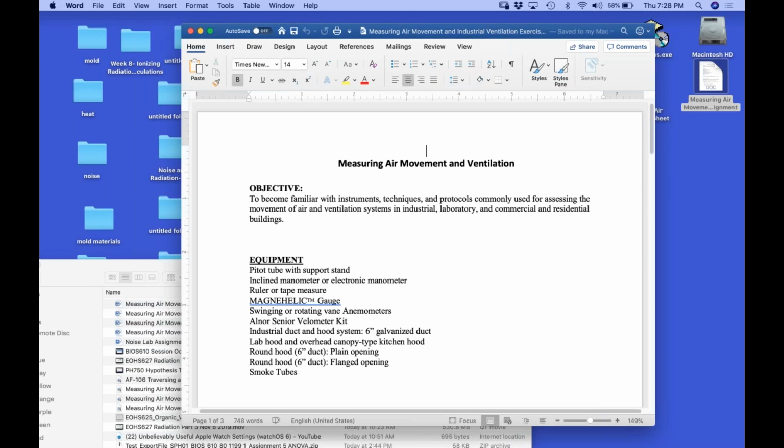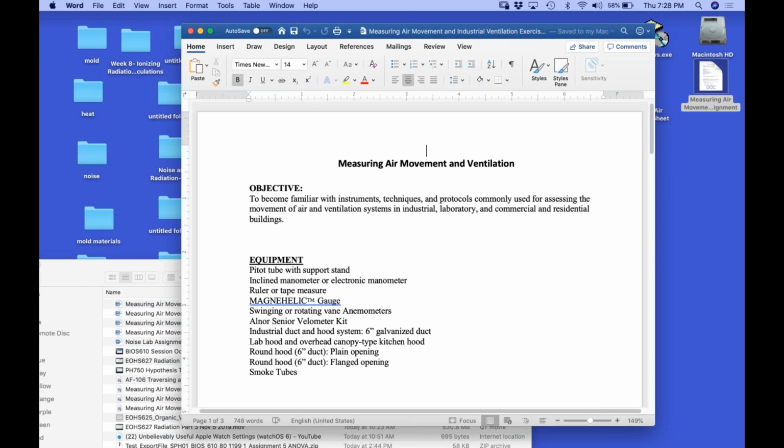We're going to take those numbers and average them. Take a calculator, add them all up, divide by 6. That's going to be your average velocity pressure.